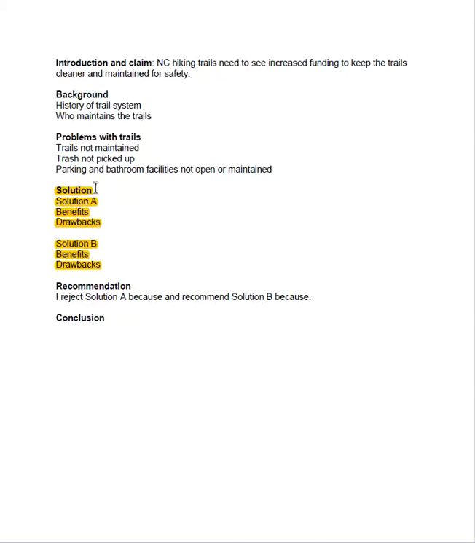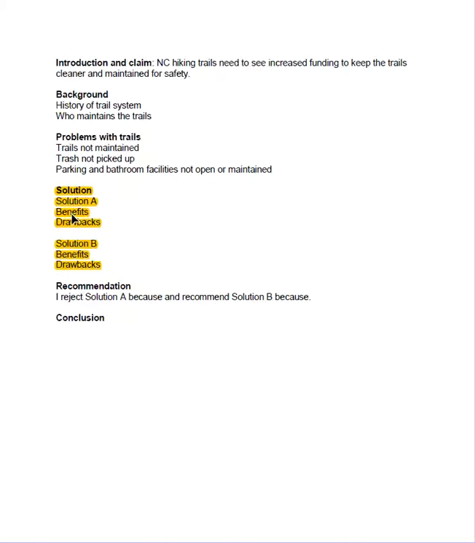So what I have here is a very quick little setup, and I will show you a longer one in a moment. My organization for the solution part of my paper will probably be in 2 sections, right? As many paragraphs as it takes me, but 2 separate sections. I will describe solution A, and in this particular one, my elements of comparison are benefits and drawbacks.